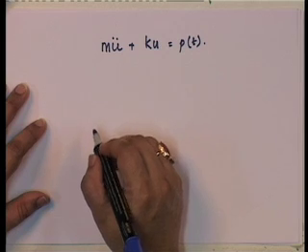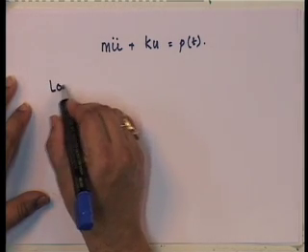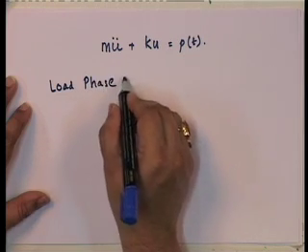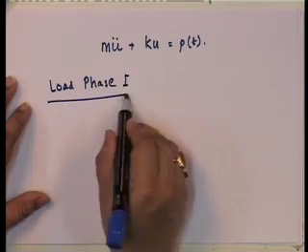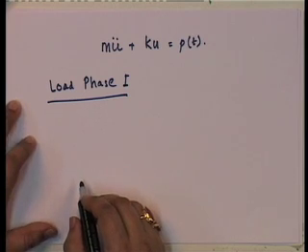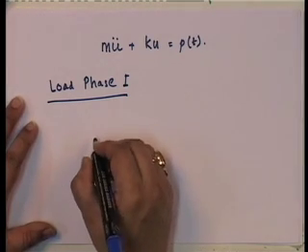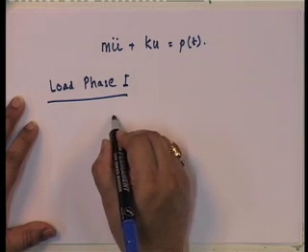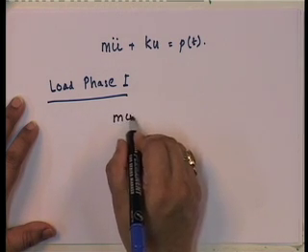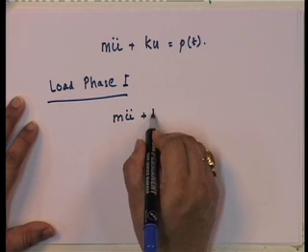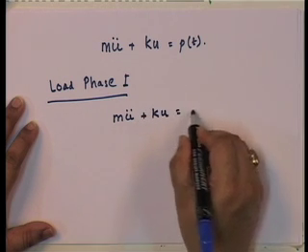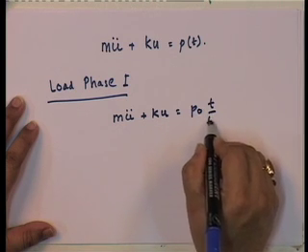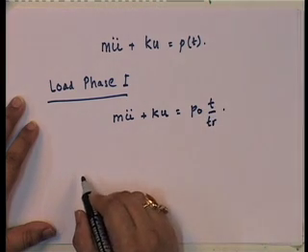So, load phase 1, what happens? Well, let us see. You are solving m u double dot plus k u is equal to P naught t upon T r.